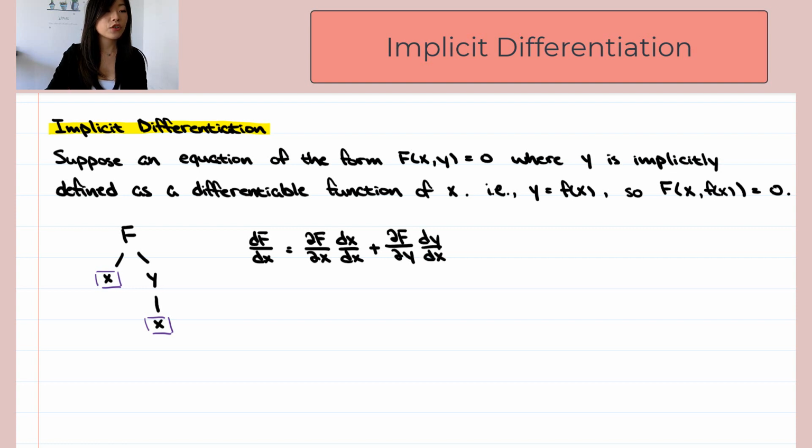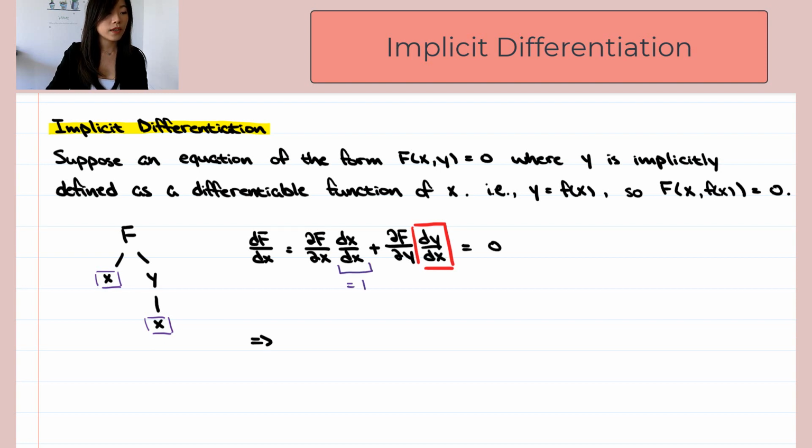Since the function f equals 0, its derivative should also be 0, since the function is a constant. What we want to isolate is dy over dx, the derivative of y with respect to x. So we can isolate this term from this equation. Another note is that dx over dx equals 1.